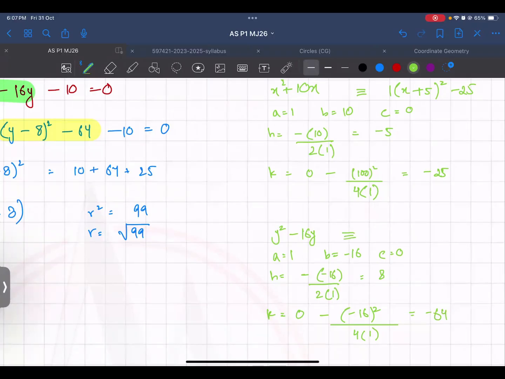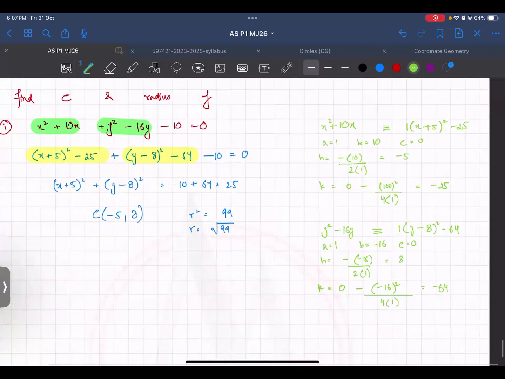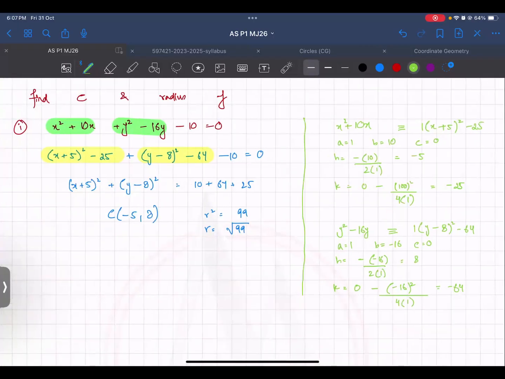So this will now lead to y minus 8 whole square minus 64, okay? Easy.